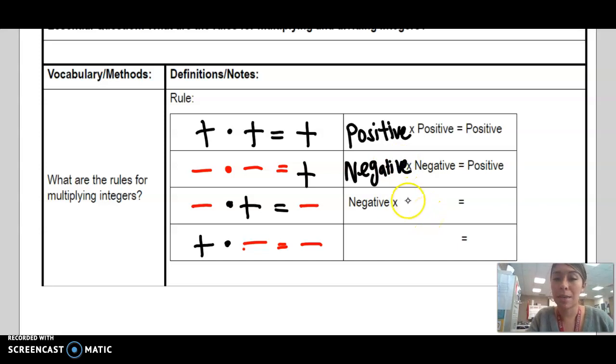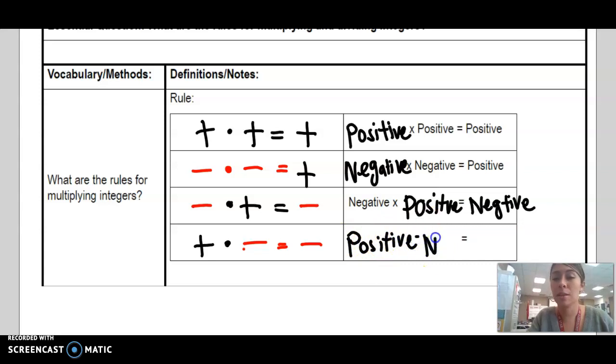If you multiply a negative with a positive, though, your answer is going to be negative. And if you multiply a positive with a negative, the answer should be negative. And that is going to be the rule for multiplying integers.